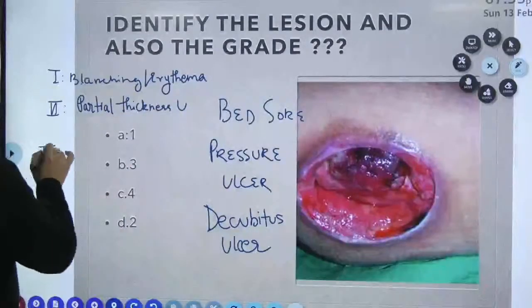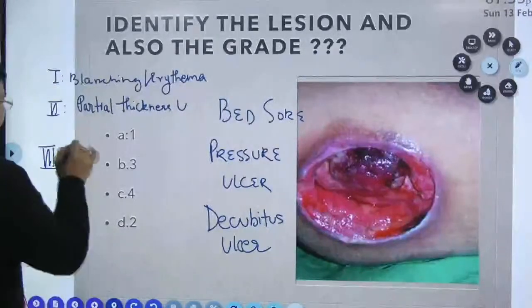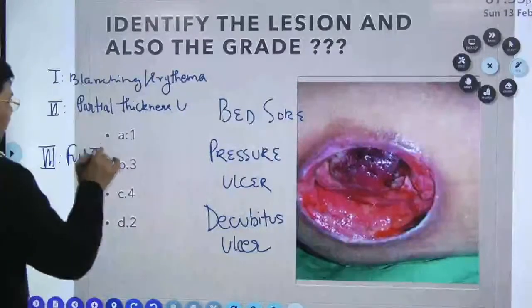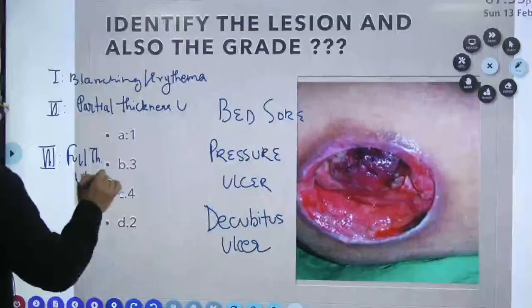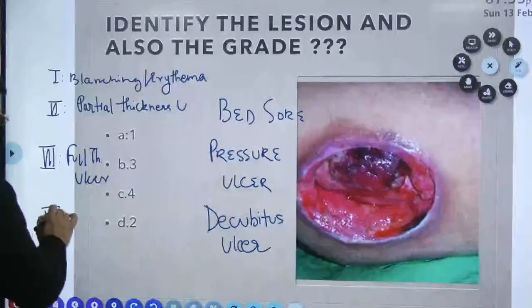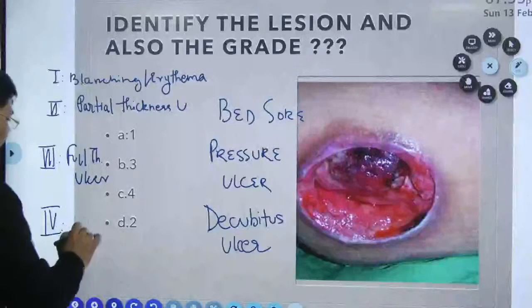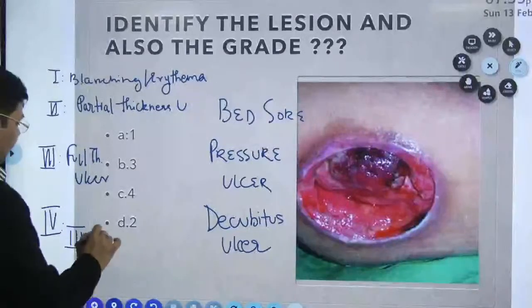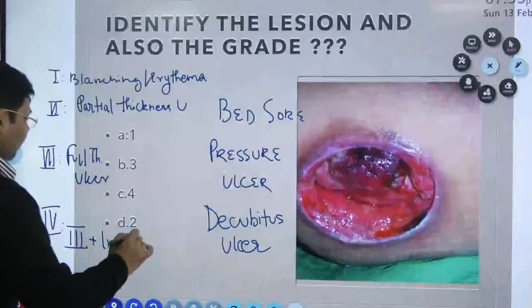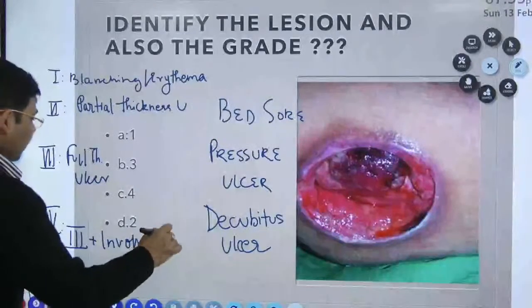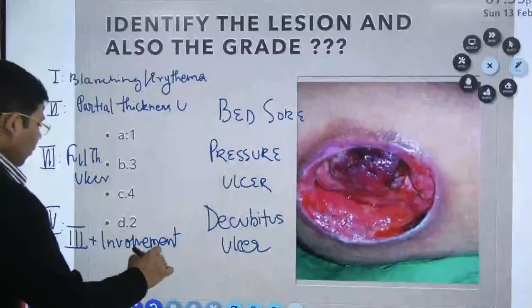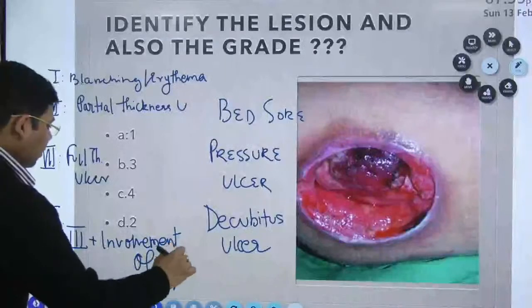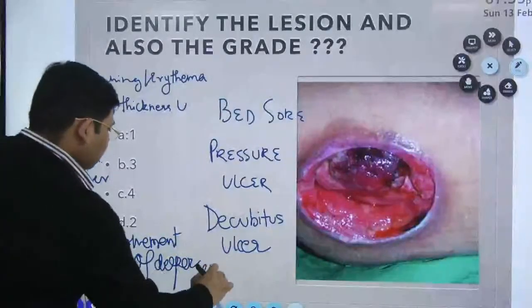What is grade 3? It is a full thickness ulcer. And what is grade 4? It is grade 3, that is full thickness, plus involvement of deeper structures.